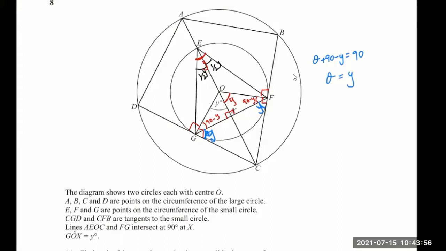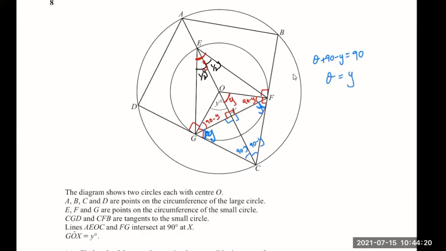And if this is 90, then this must be 90 minus y. And this must also be 90 minus y, because I'm looking at this triangle. So a lot of complications here, but that's pretty much the crux of it. This is what this question is about. These angles are equal.